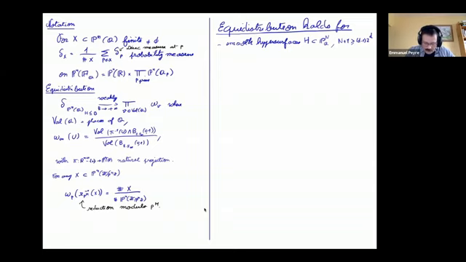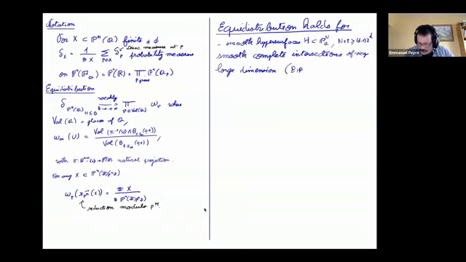And it's also true for smooth complete intersections of very large dimension. It follows from the results of Birch, I think published in 1962.